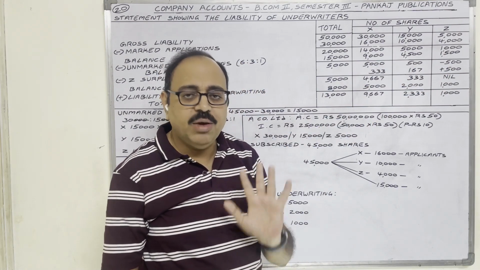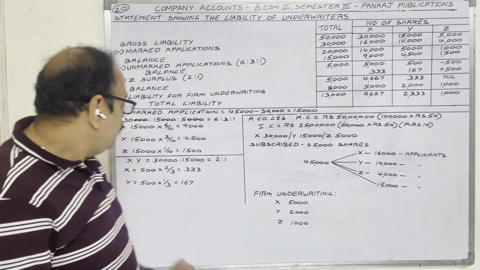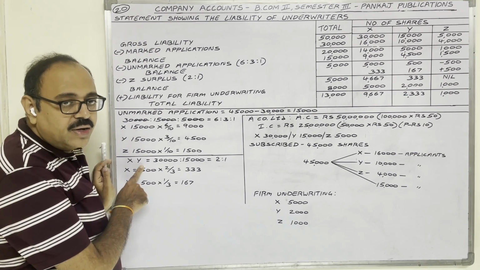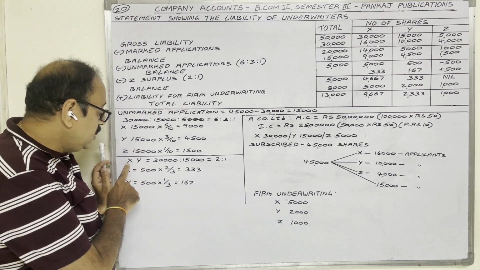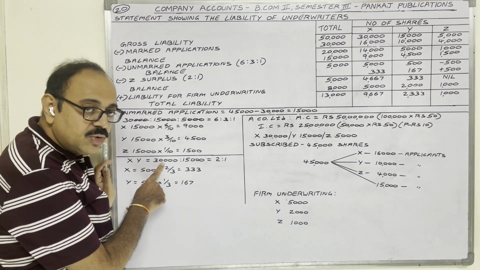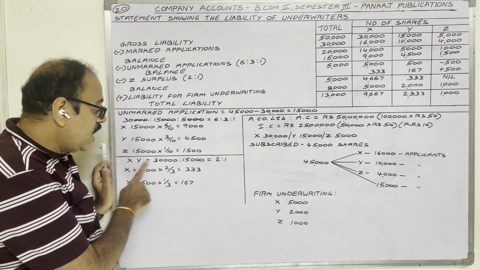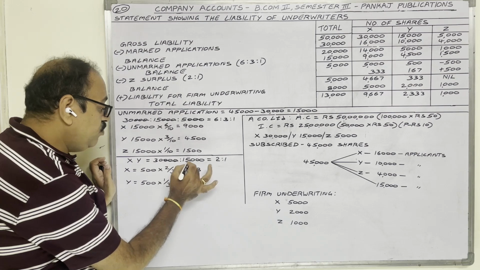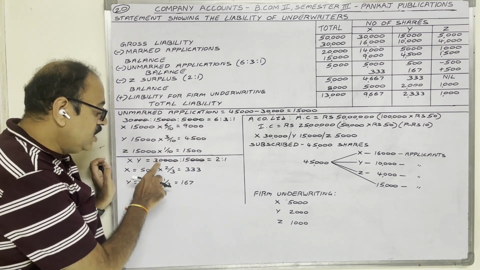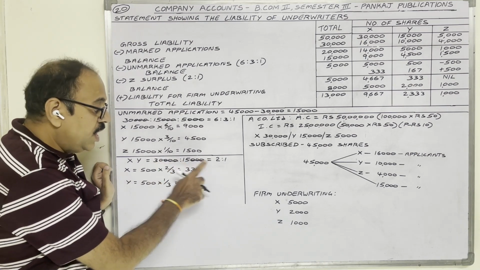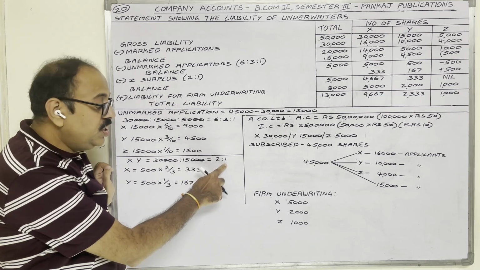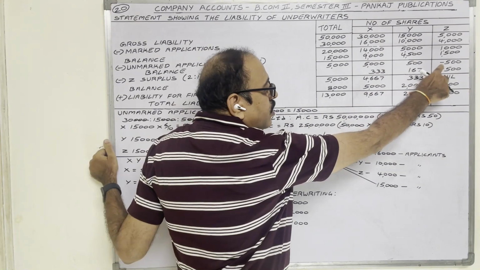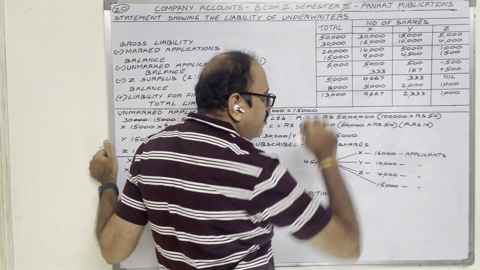The same, the gross liability ratio. Now the gross liability of X and Y: X's is 30,000 shares, Y's is 15,000 shares. 30,000 is to 15,000 is 30 is to 15, nothing but 2 is to 1. So in this 2 is to 1 ratio, Z's surplus shares we attribute to X and Y.